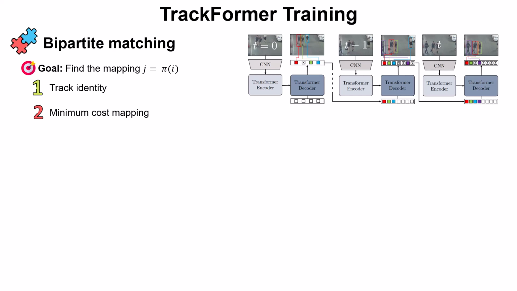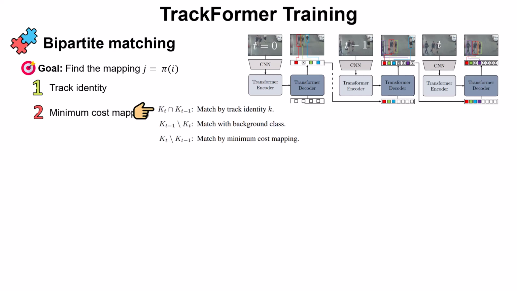But the other thing is minimum cost mapping, which is for the objects that we just saw in the current frame and didn't see before. Since these are new objects, we should have some minimum cost mapping to map a ground truth I to a prediction J. So to sum up what I just said, we have three different scenarios.